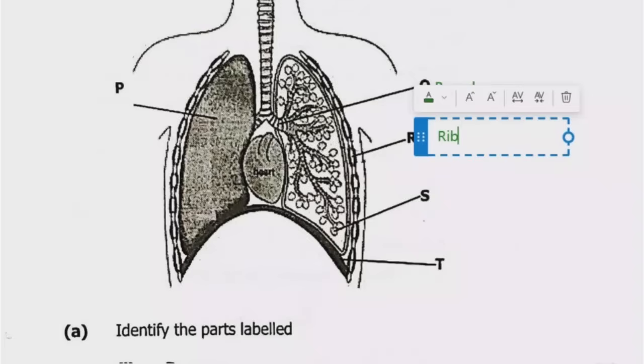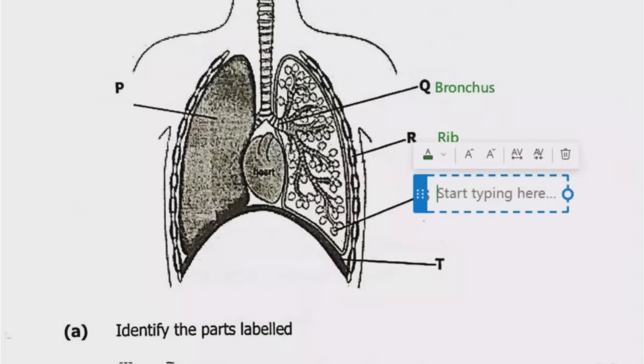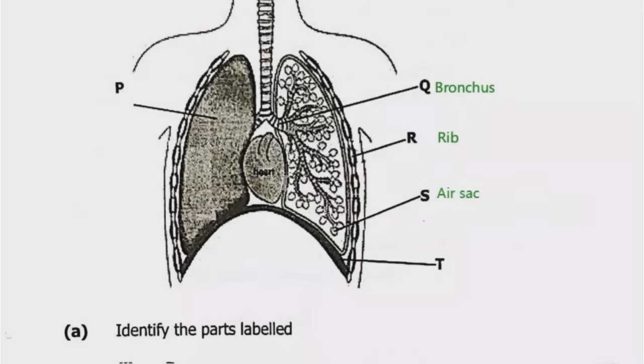Okay. Then what is S? S, that is the air sac. Okay, that is air sac. So what is T? Okay, the other one, we have said this one is air sac.